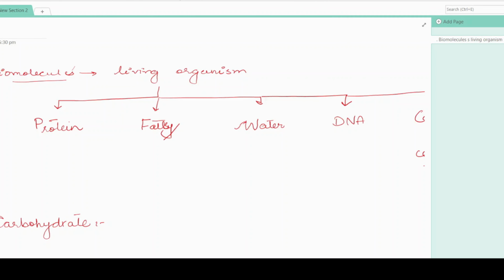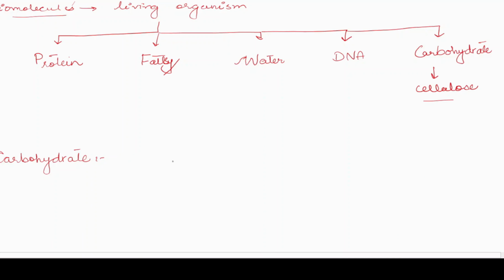So what can be the elements in carbohydrates? Carbon, hydrogen, and oxygen. These are the three elements that are present in the carbohydrates.